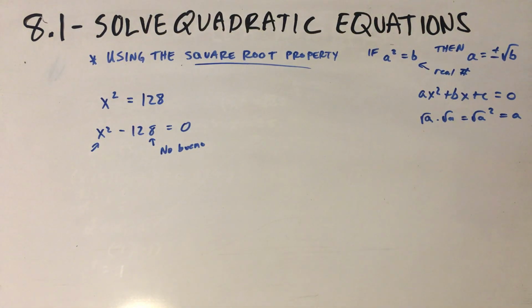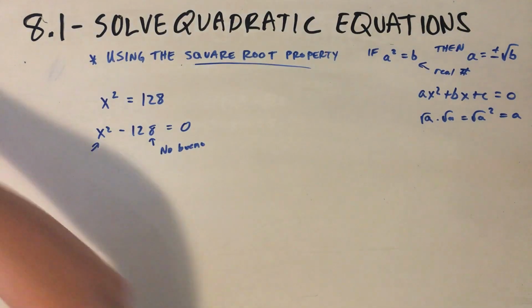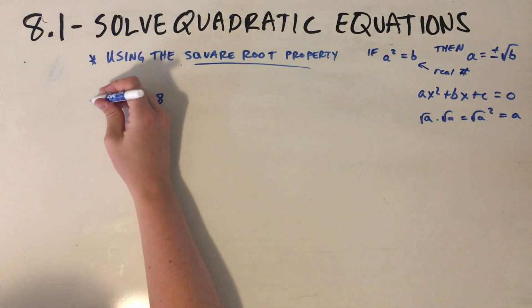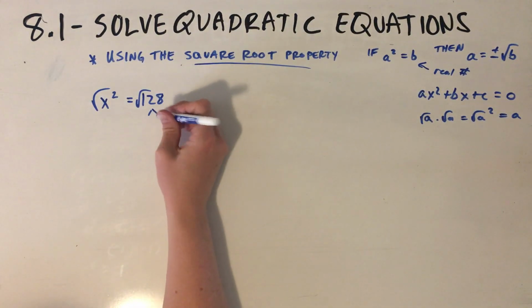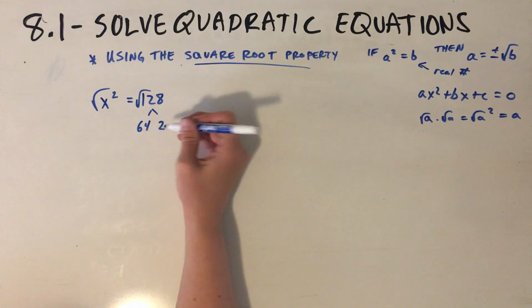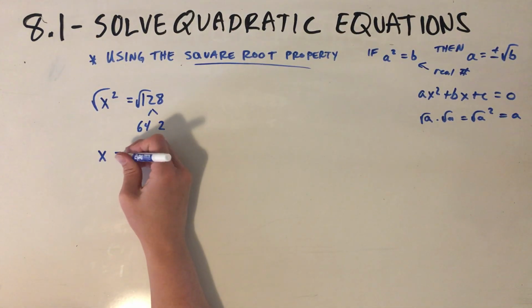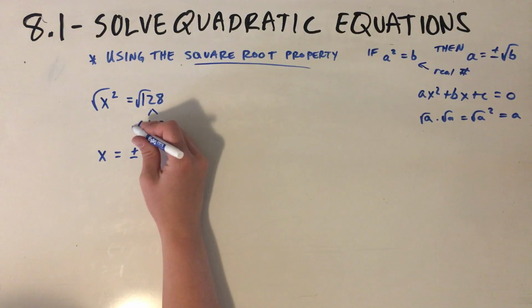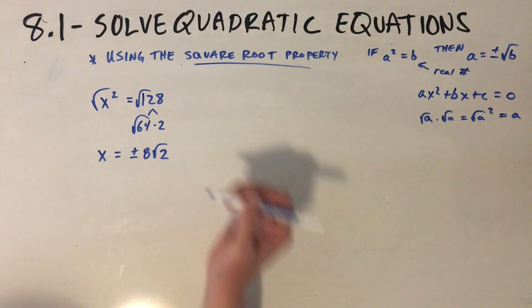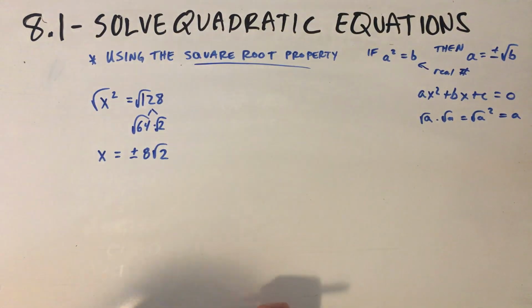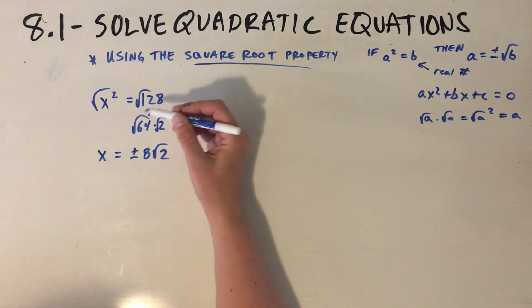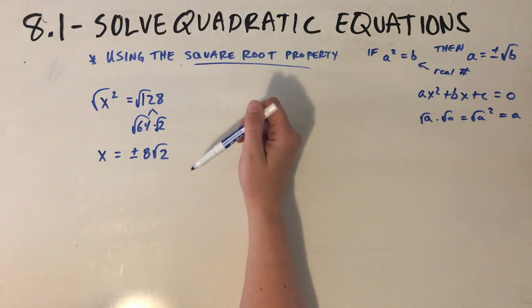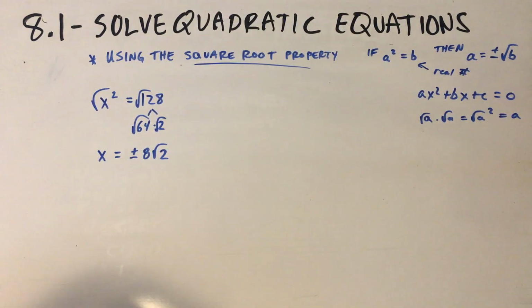But using the square root property, I can just take the square root right away and factor this down to 64 times 2 and say then that x is equal to the positive and negative 8, because that's the square root of 64, times the square root of 2. Okay, so this tool, the square root property, gives us the opportunity to solve quadratic equations that we previously couldn't solve using factoring, which is why it's so great.